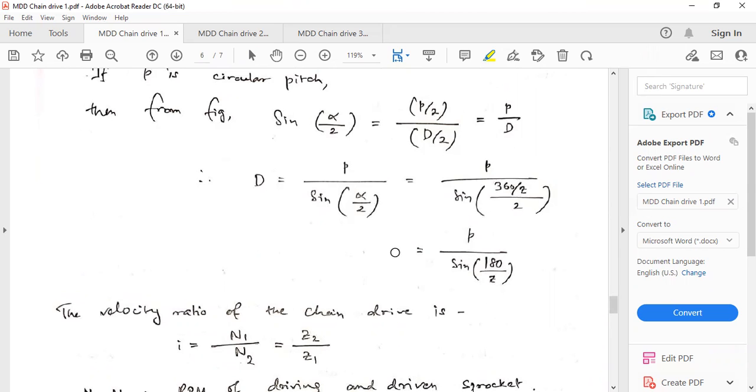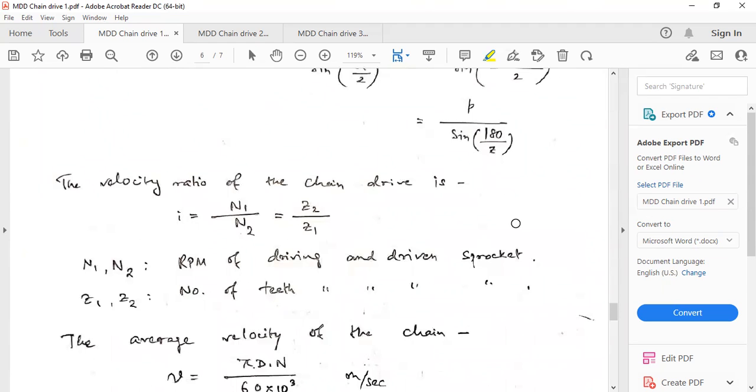So this is one relation between pitch diameter, pitch and number of teeth. Again, this is a relation that we have learned in gears, in belt drive, everywhere. This is called the velocity ratio: higher speed divided by lower speed is inversely proportional to the number of teeth, and the diameters. So if n1 is the higher speed and n2 is the lower speed, then z2 will come here, z1 will come here.